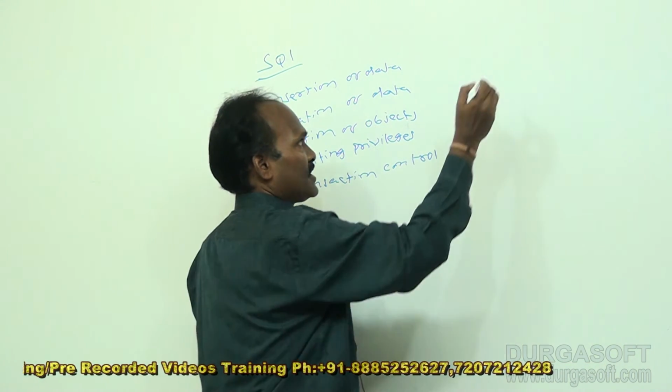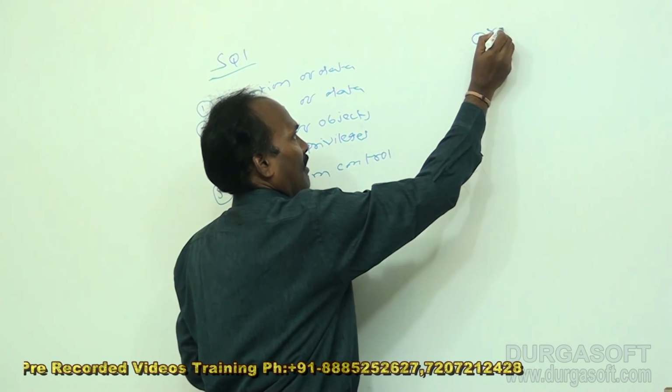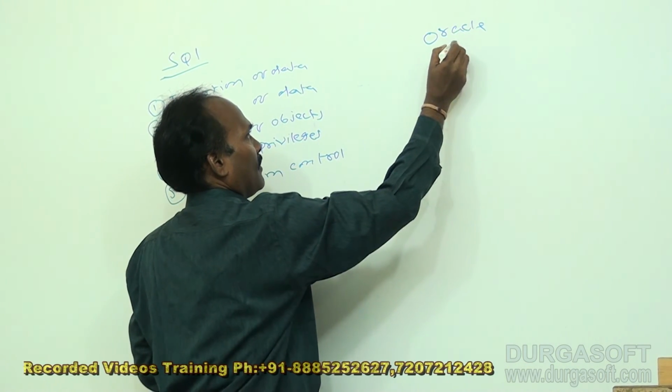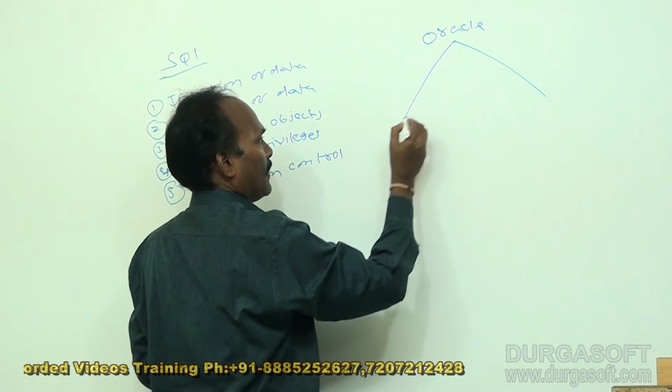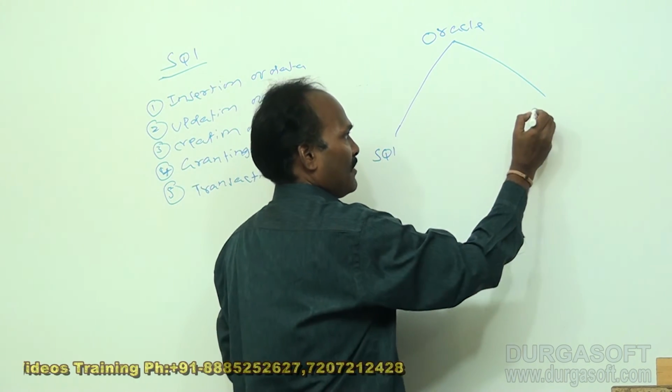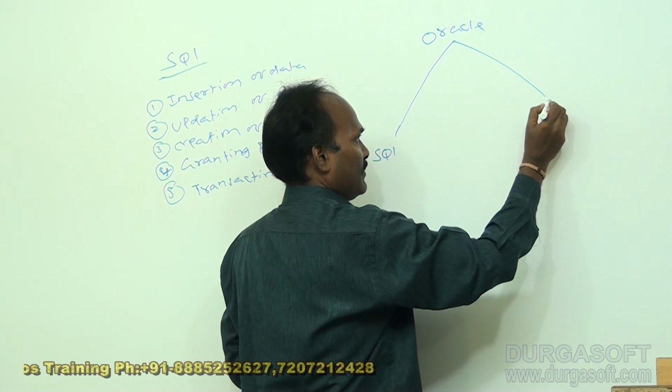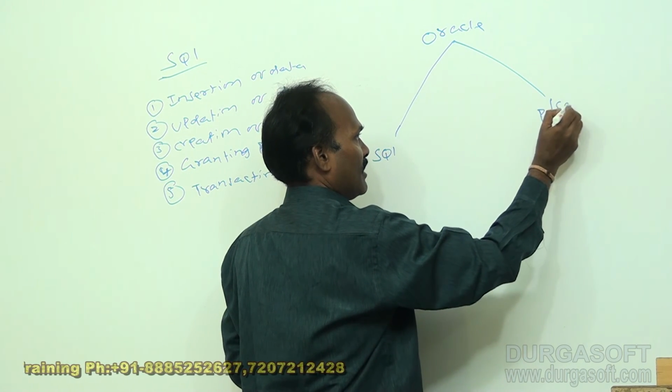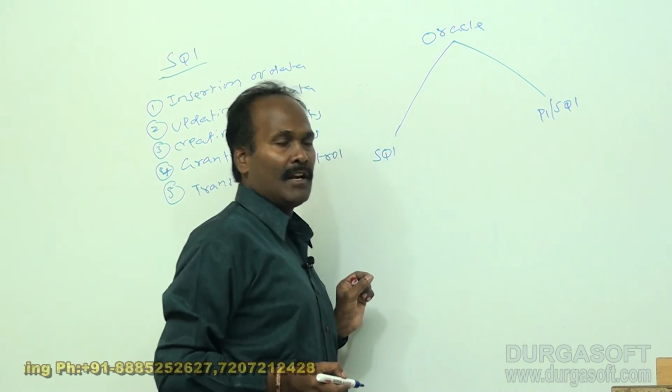So we can say that Oracle mainly has two parts. The first part of Oracle is SQL. The second part, the rest of it, is called PL/SQL.